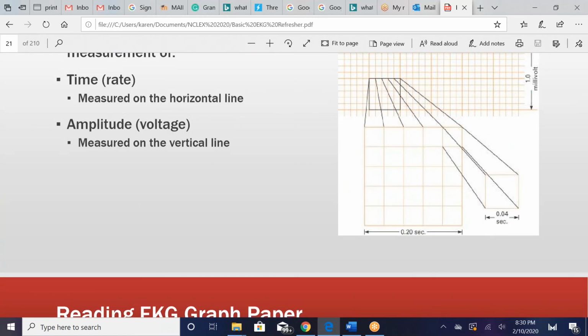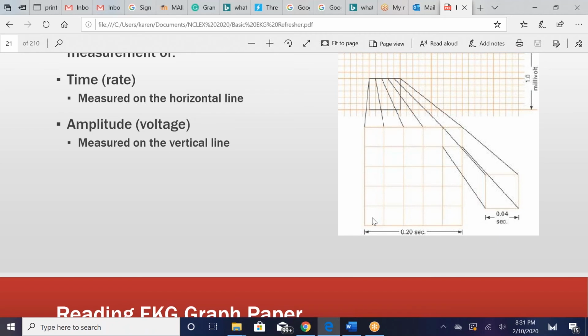But if you look in one big box, how many small boxes do you see? 1, 2, 3, 4, 5. That means each one is 0.04 seconds. So one small box is 0.04 seconds.